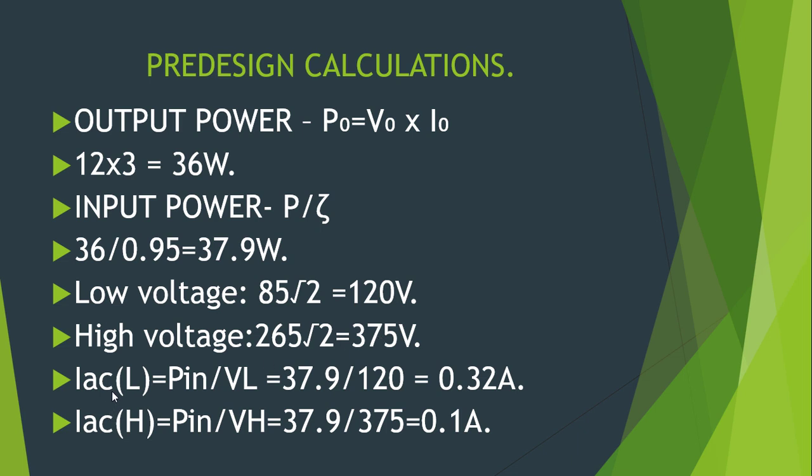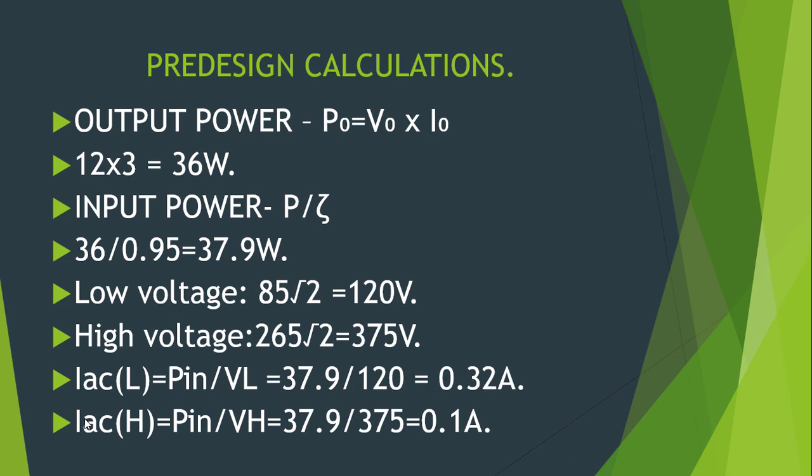Now let's come to our AC line, our AC currents. Our AC current is calculated as P input over V low. This I_L you see here is the low value of the AC current. So our P in is 37.9 over 120, and so we get 0.32 amp.